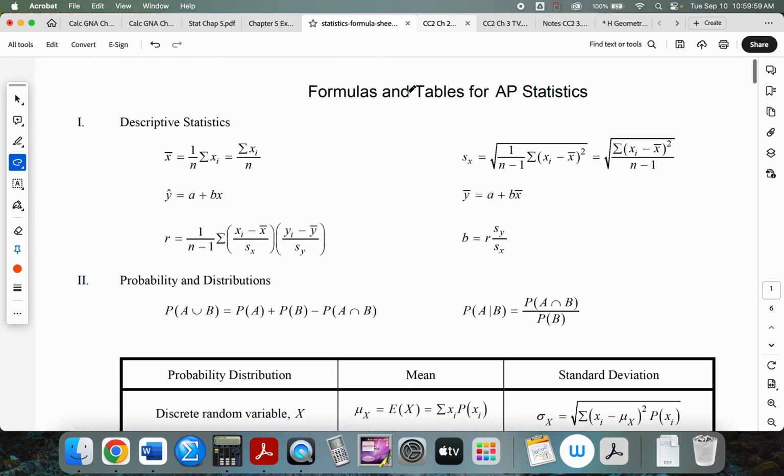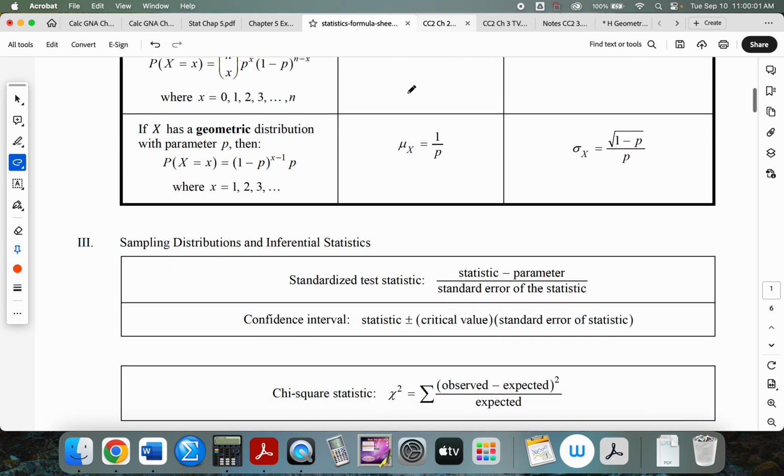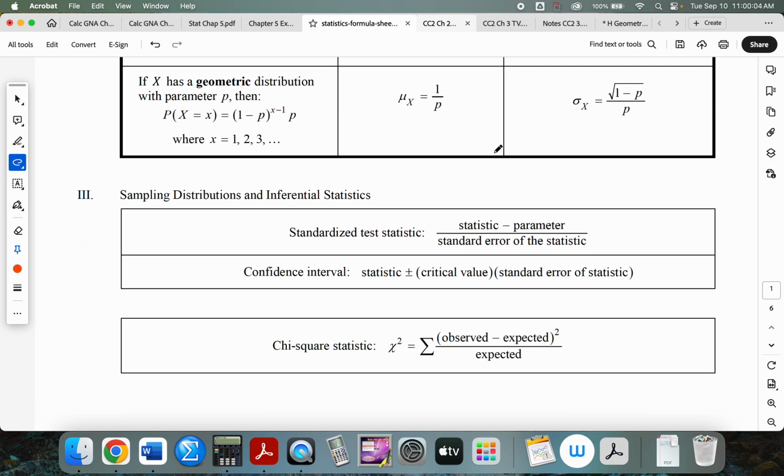So if you look at the first page of your formula chart, in section 3, where it says sampling distributions and inferential statistics, they really are giving you that very first formula. It really is for z-scores. It also is for a host of other things, but it's also for z-scores. Because if we look at that, the standardized test statistic, a z-score is a way of standardizing.